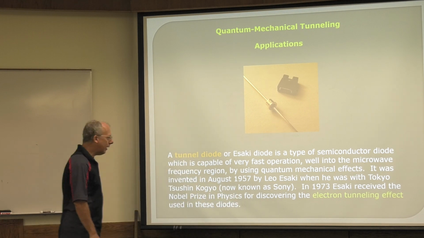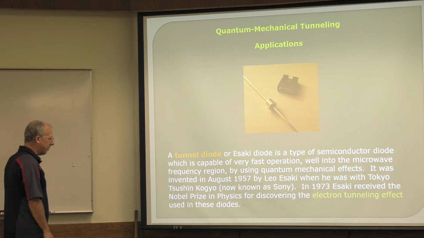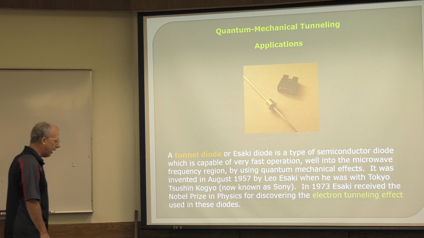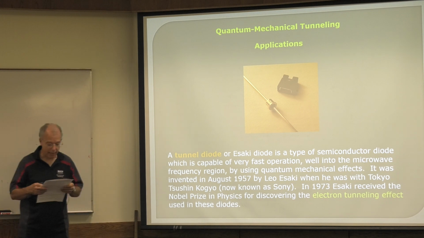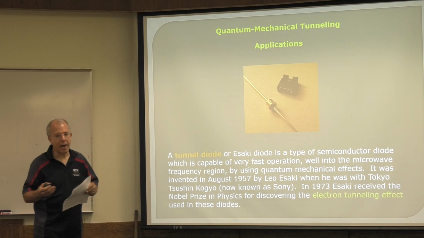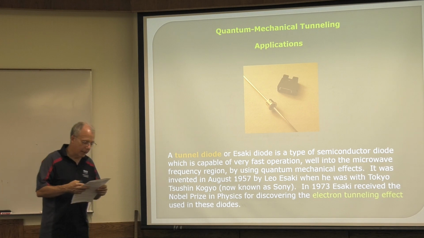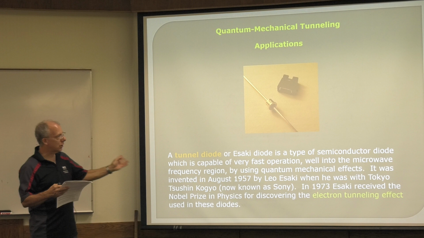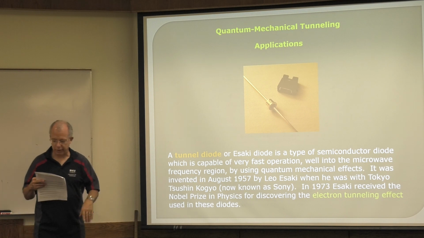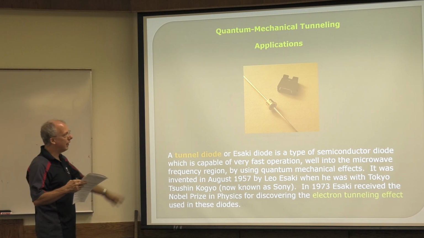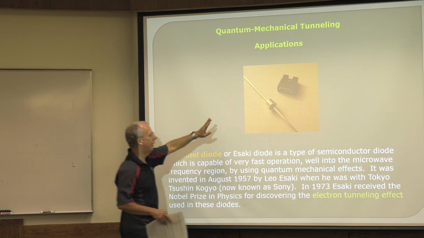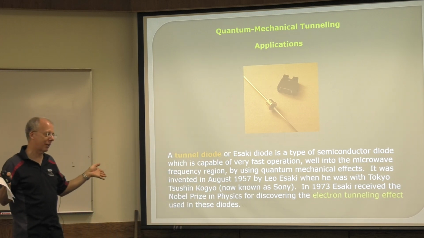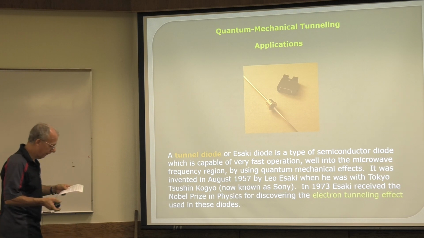In 1973, Esaki received the Nobel Prize in Physics for discovering the electron tunneling effect used in these diodes. Diodes are these little tiny things that are used to convert AC power to DC power. They're used in surge protectors and all sorts of different things, all right? Logic gates, radiation detectors, these things are used everywhere. And they work by tunneling. So completely impossible classically, but in fact they work.